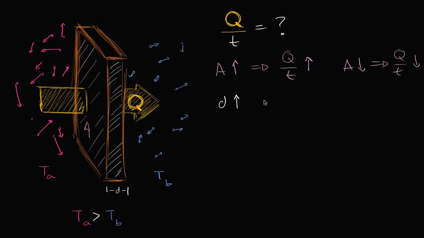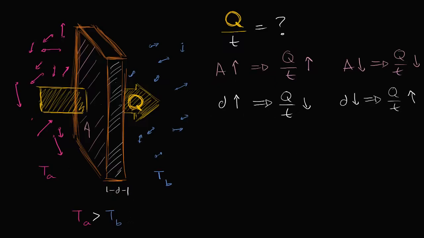So if this wall becomes thicker, then the rate of heat transfer is going to go down. Or if the wall became thinner, if this depth decreased, then the rate of heat transfer would go up. So you could say the rate of heat transfer is going to be inversely proportional to the thickness of this wall.